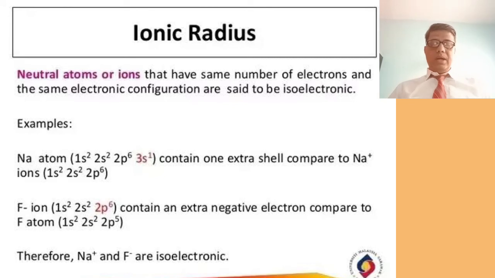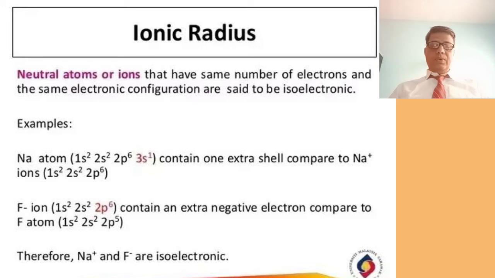So what about the radii? The ionic radius of F minus is 133 pm, that is picometer, the unit for measurement of small distances. And the ionic radius of Na plus is 98 pm. How does the nuclear charge affect the ionic radii of both?